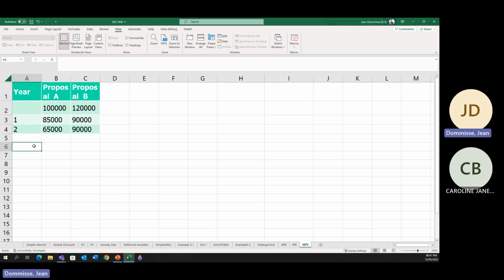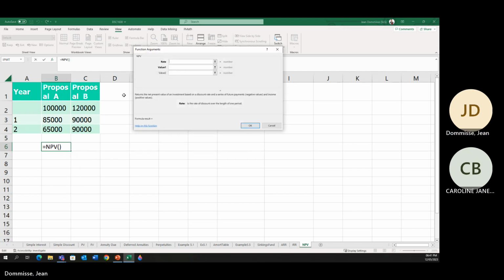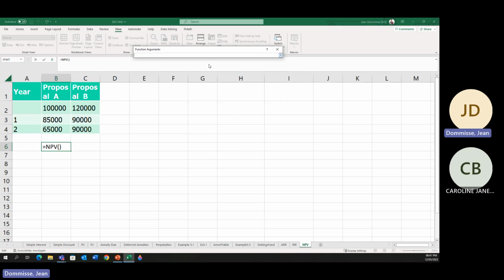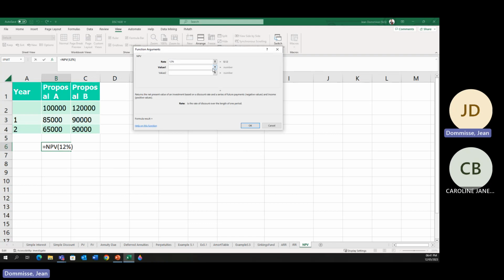Okay, so we know that the cost of capital will then be your interest or your rate. So your rate is your cost of capital. What they said was 12%. Let's see if this will work.